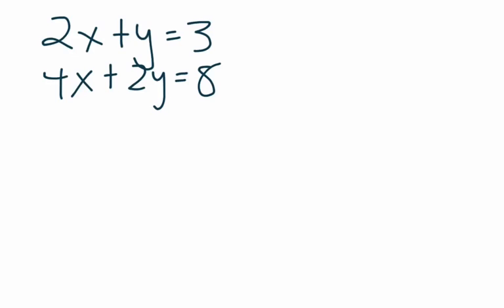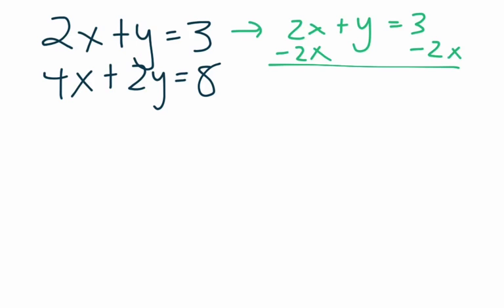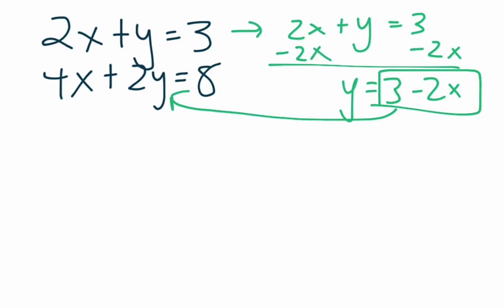For the substitution method, we're going to take that top equation and get the y value by itself. So 2x minus 2x is 0, which gets our y value by itself, and we'll have 3 minus 2x. And then we take that and plug it into the other equation.